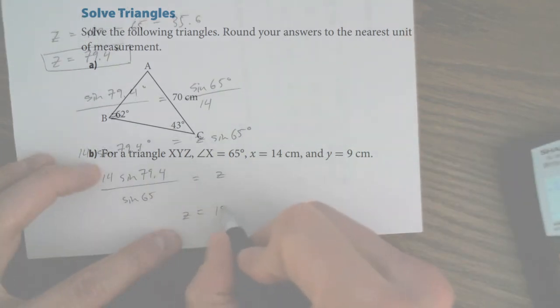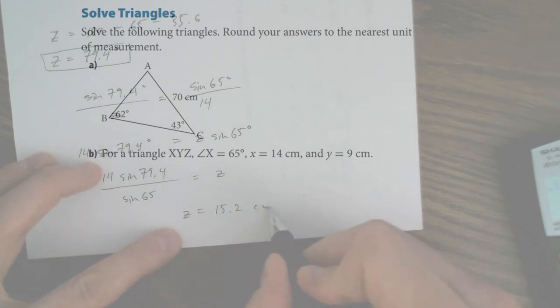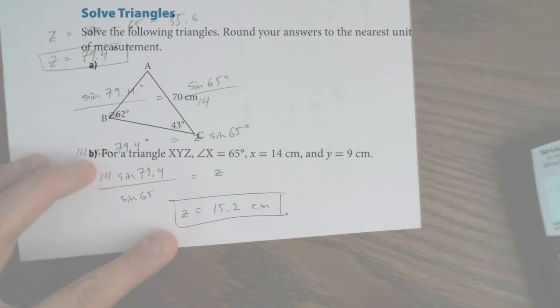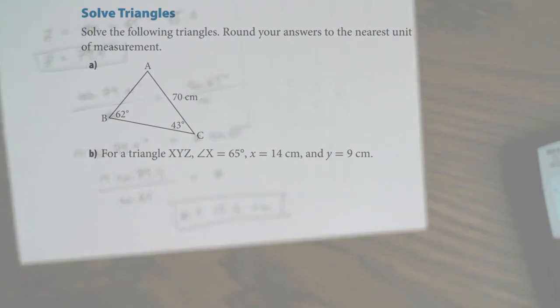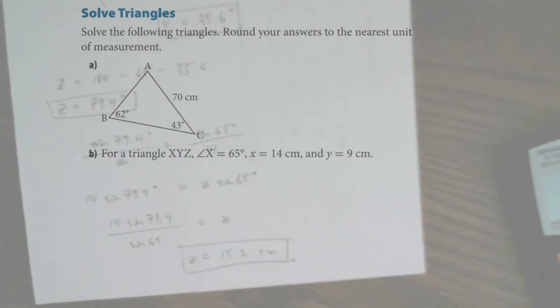We get .2 centimeters. And there we have our triangle solved. We have three sides and three angles.